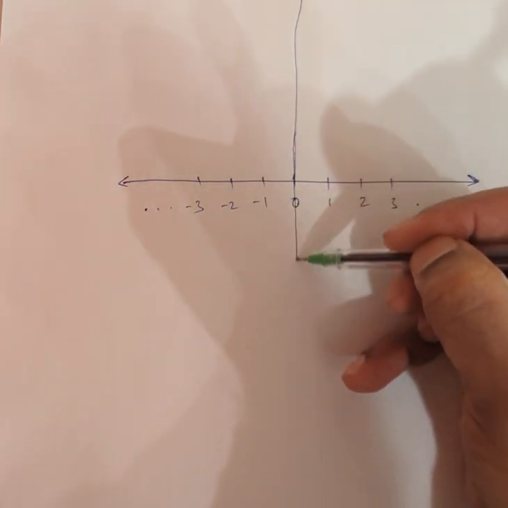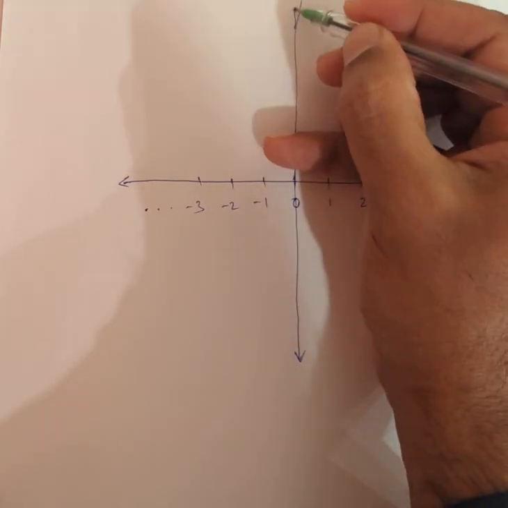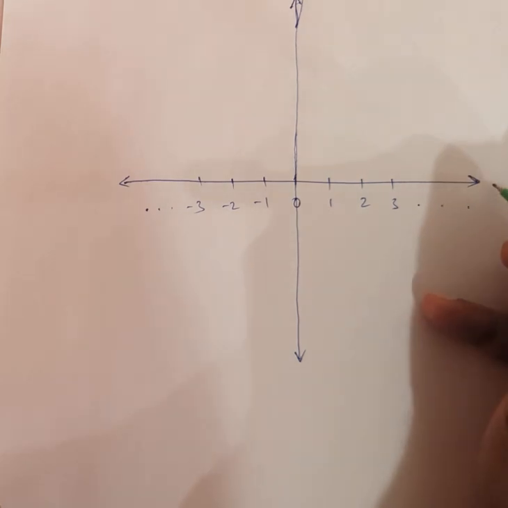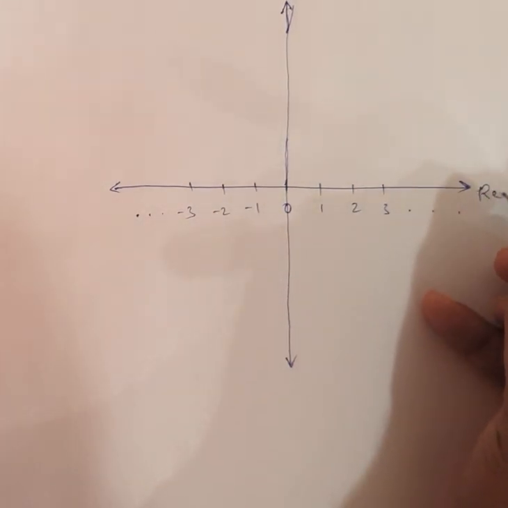And our number system has now become two-dimensional. And the old real number line is called the real axis.